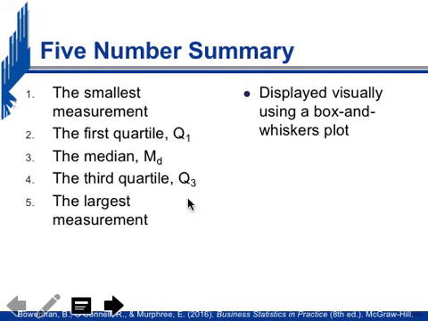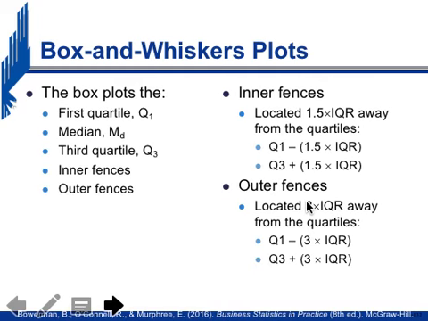And the 5-number summary is presented visually using a box and whiskers plot, or according to other references, this is called a box plot. Aside from that, we can also compute for inner and outer fences. These fences are used to determine the presence of outliers in the dataset.